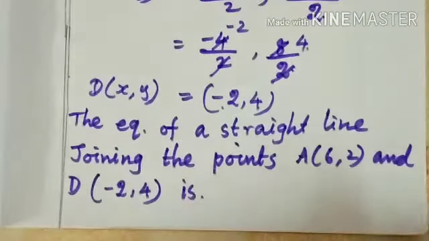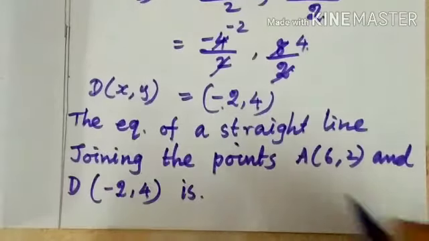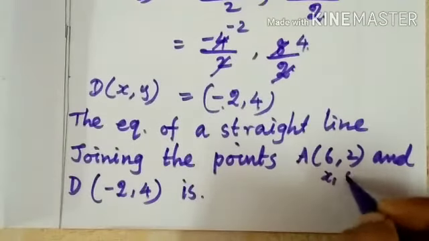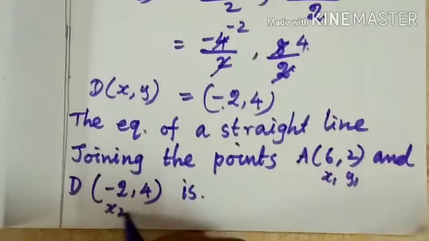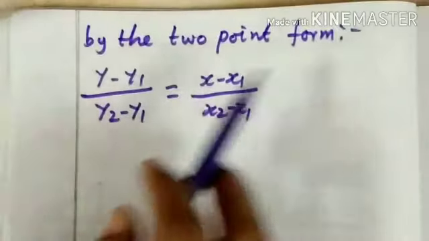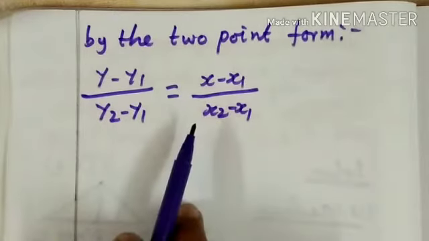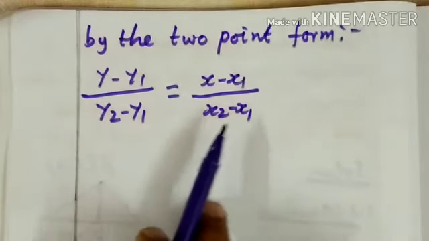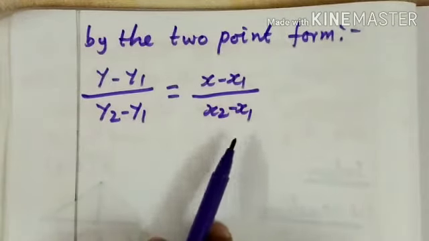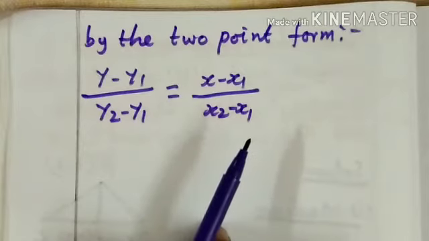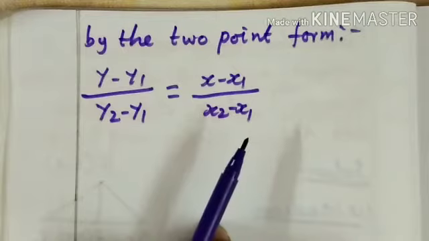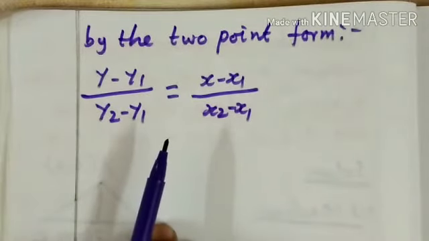Let us assume these points (x1, y1), (x2, y2). By the two-point form, (y minus y1) by (y2 minus y1) is equal to (x minus x1) by (x2 minus x1). Now you have to apply the A point and D point in this formula.